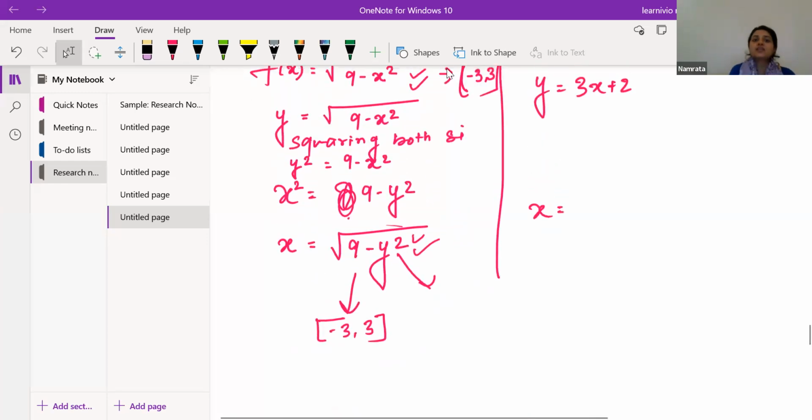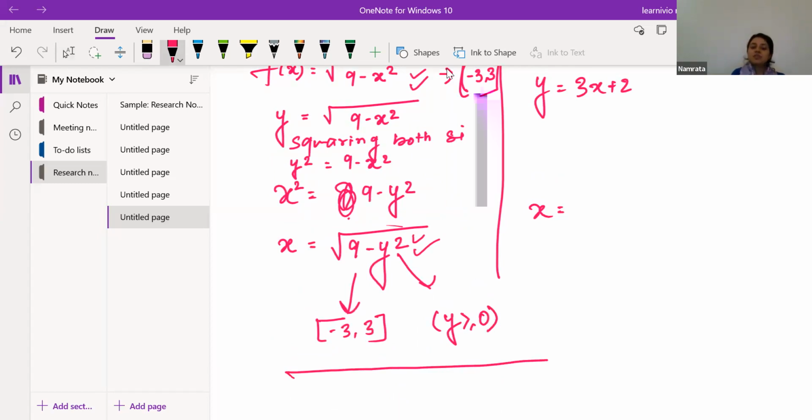By doing this much calculation, we have got that y will lie in between -3 to 3. So y is larger than or equals to 0, and y is also lying between these two. If we draw a real line, here is 0, here is -3, here is +3. Let's draw both the cases.